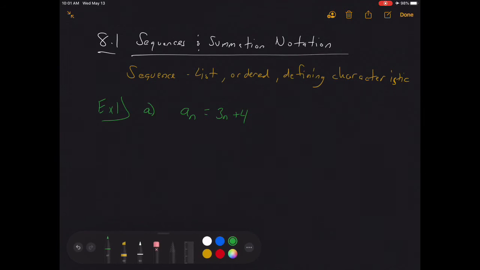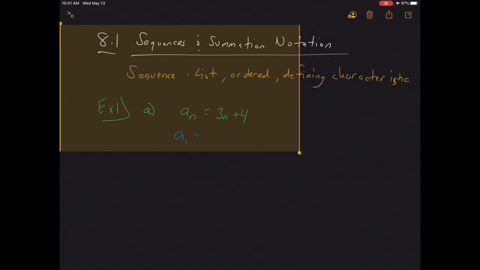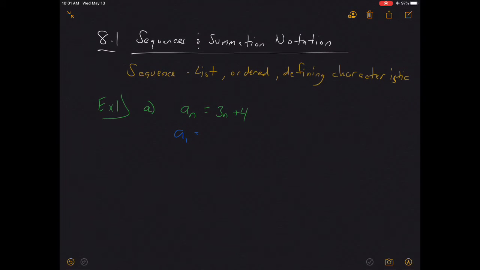So if I want to define the first term of the sequence, I want to write A sub 1, because that is the first term of the sequence. Well, since I plugged 1 in for n, I'm going to plug 1 into n on the right side of the equation so we can see what we get. So the first term of the sequence is going to be 3 times 1 plus 4. So 3 times 1 is 3, plus 4 is 7. So the first term, or A sub 1, is 7.